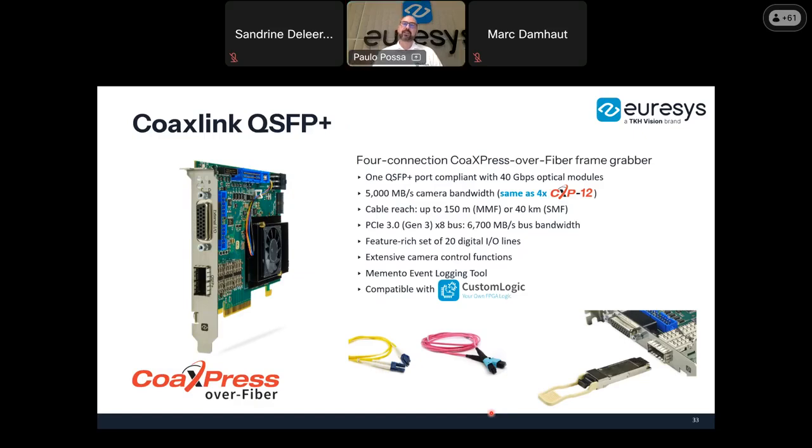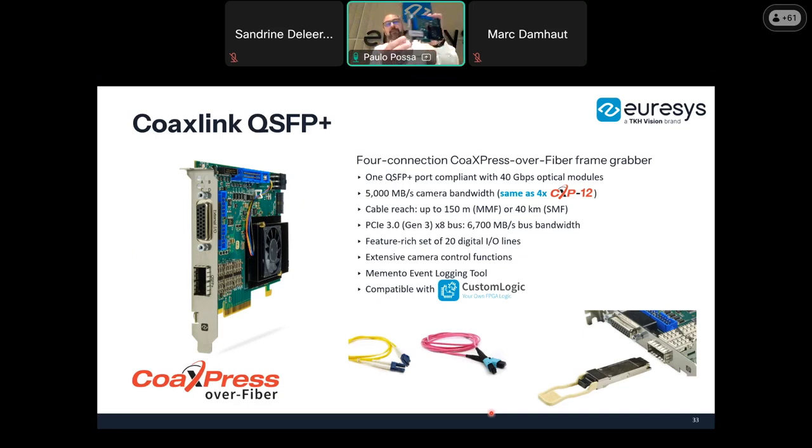So this is the Coaxlink QSFP Plus frame grabber. It has equivalent bandwidth and features as the Coaxlink Quad 6P12. But instead of using coaxial cables, it uses fiber cables to transport images. I have here to show you a Coaxlink QSFP Plus board.